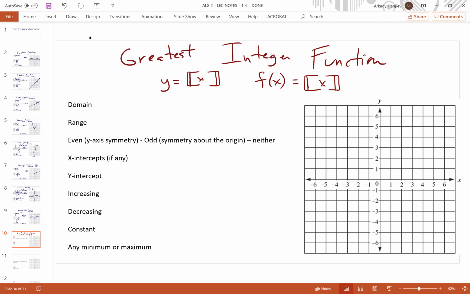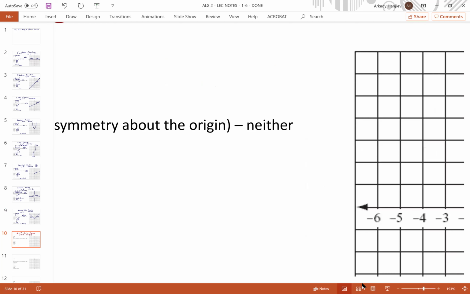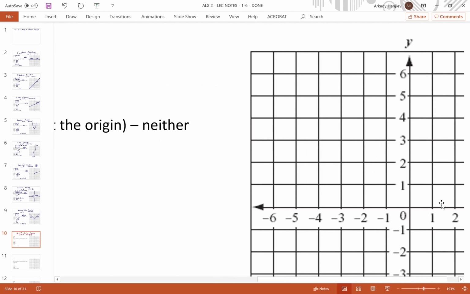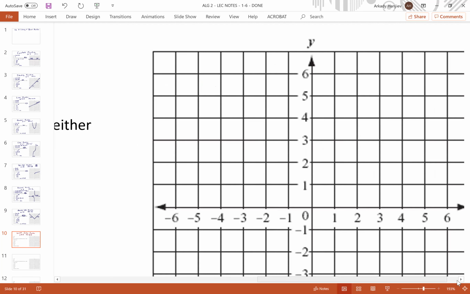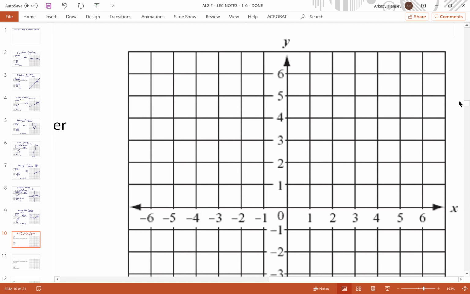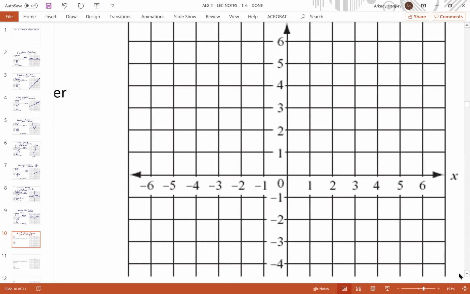Here's the graph. In fact, let me zoom in on the graph so you guys can see it. There it is. And let's see, should I go a little bit further? Just a little further down real quick. Okay, here's my graph. Here's what it looks like.